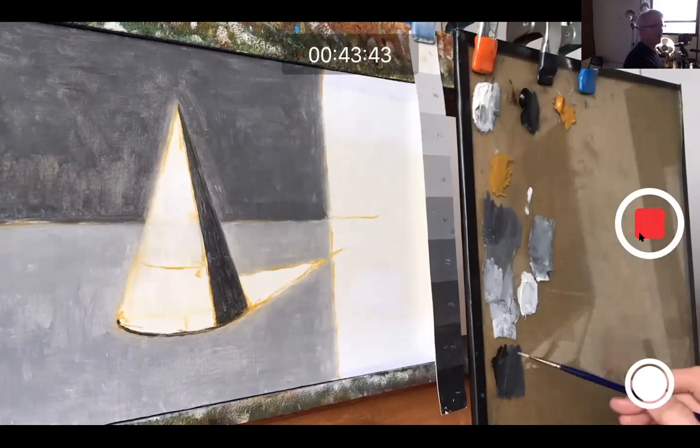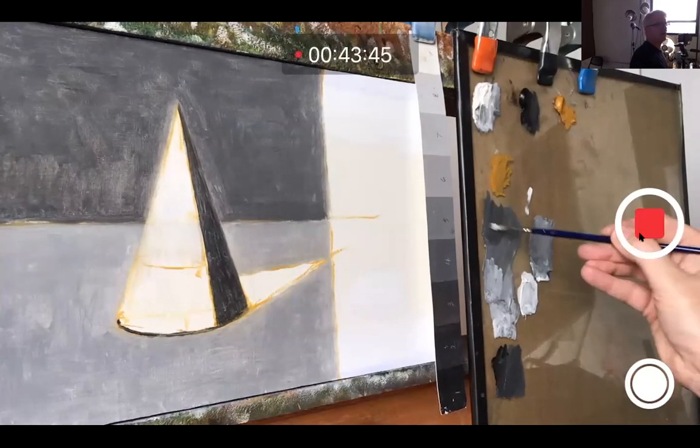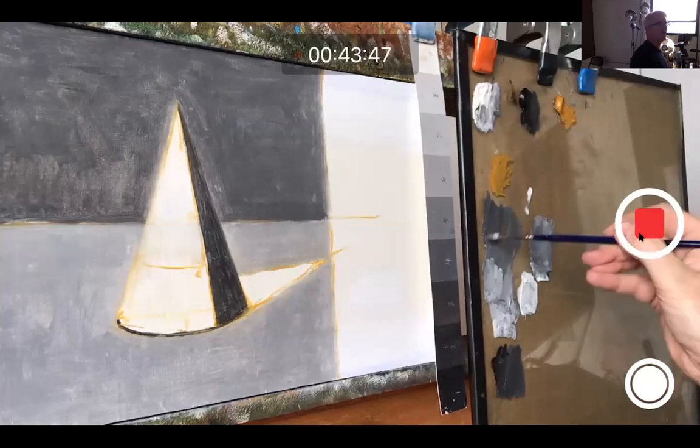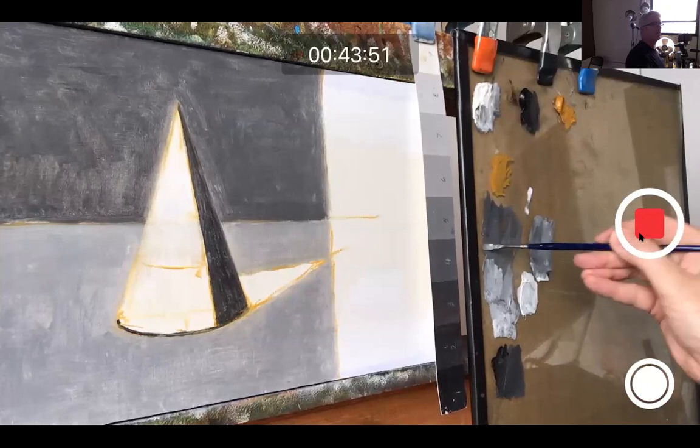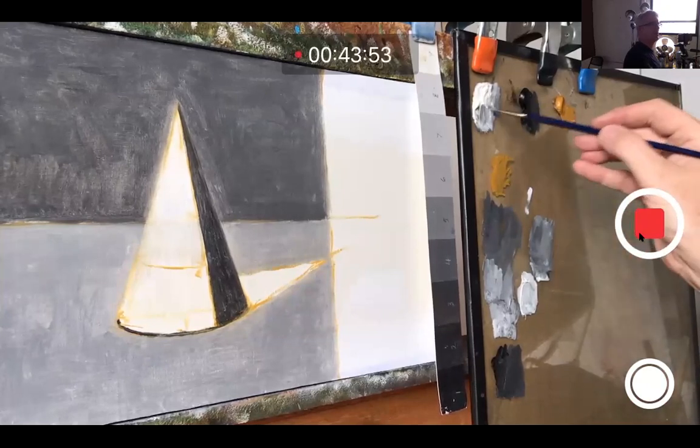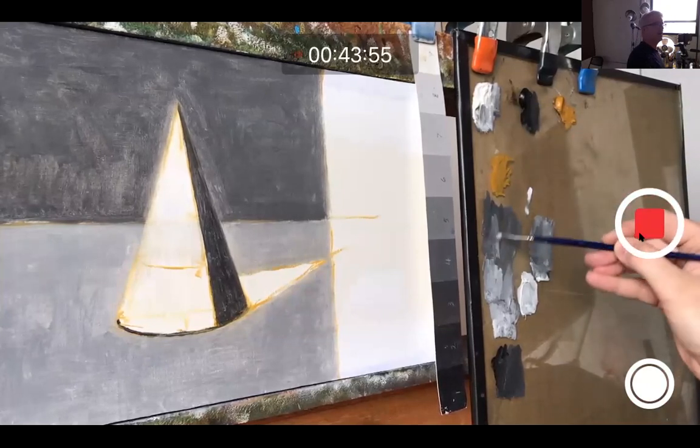And I think it's about the right value. Again, the photograph I've sent is not going to quite capture the values that I'm looking at. I think it's about the right value.